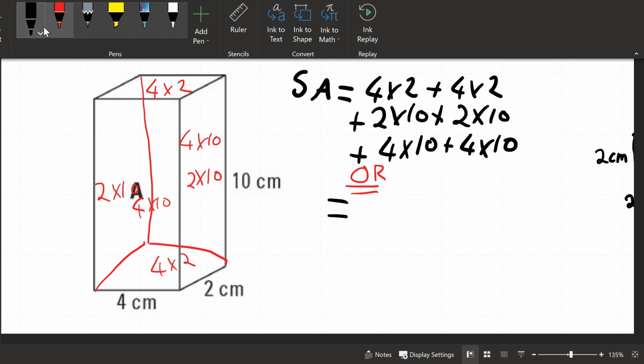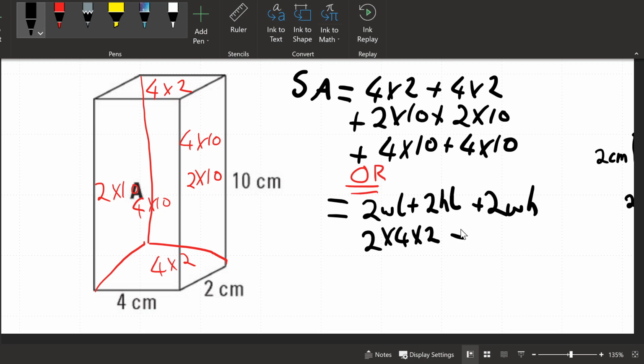Or we can go, okay, using our formula, 2WL plus 2HL plus 2WH. So 2 times 4 times 2 plus 2 times 10 times 2 plus 2 times 4 times 10.